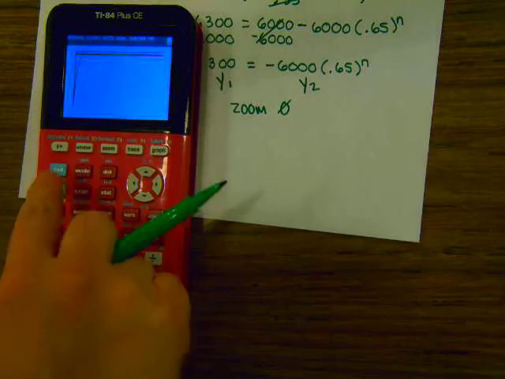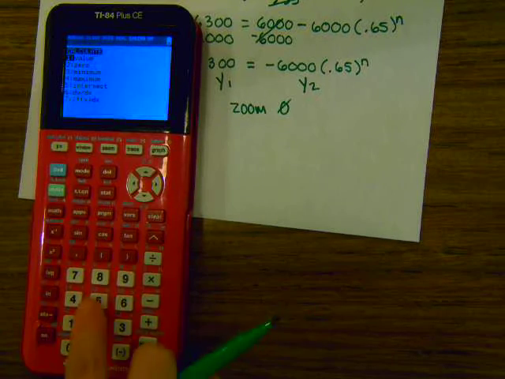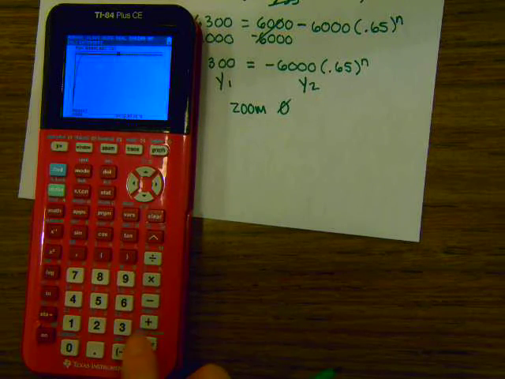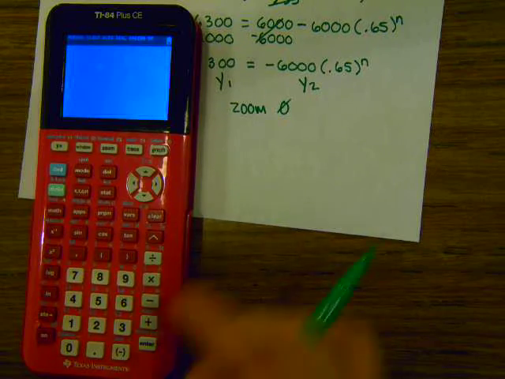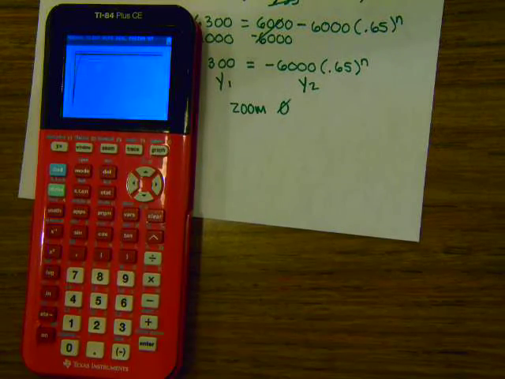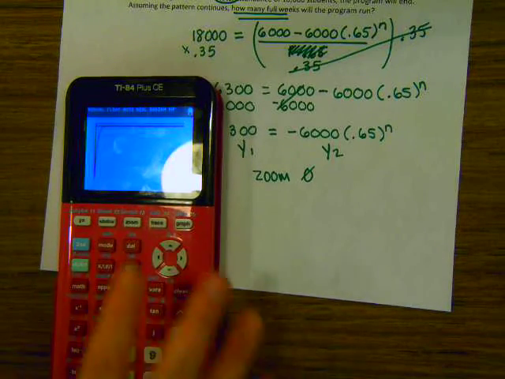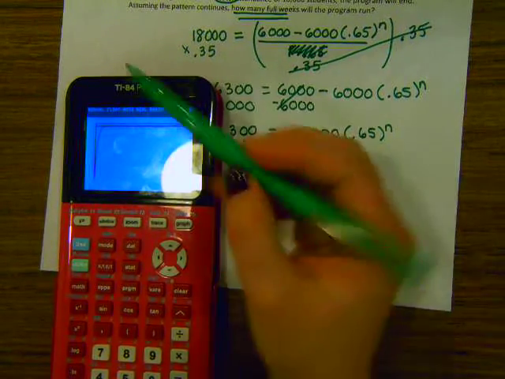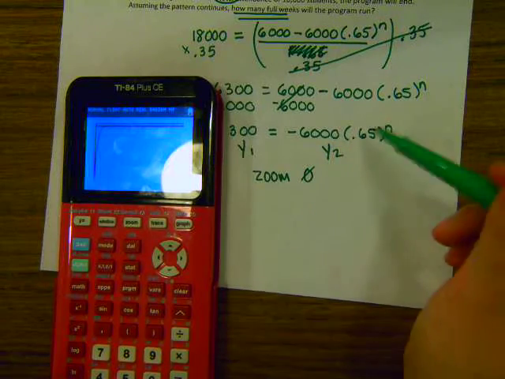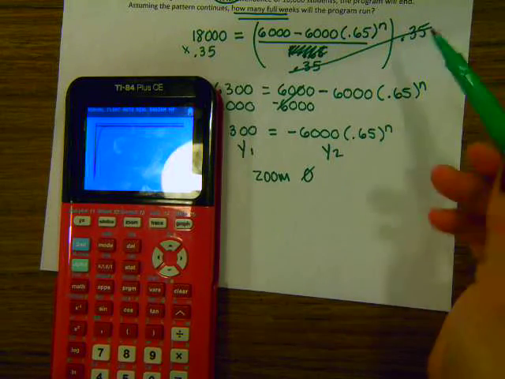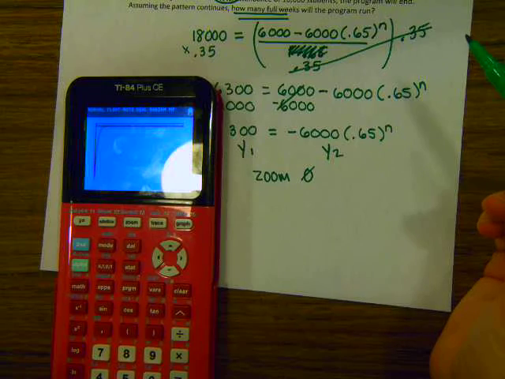So let's take a look. Second trace, and number 5, enter, enter, enter. Pretty sure they're not going to intersect here either. At this point, guys, even on the graph, it's starting to look really like it's never going to intersect. So maybe my numbers were off, or, to be honest, the program will still run because it never reaches a total of 18,000 students.